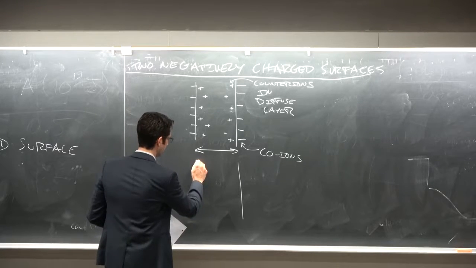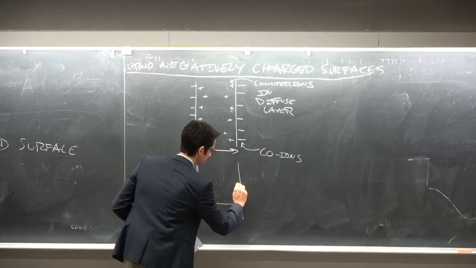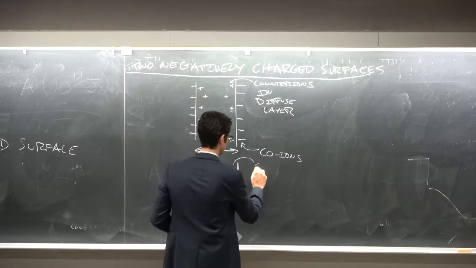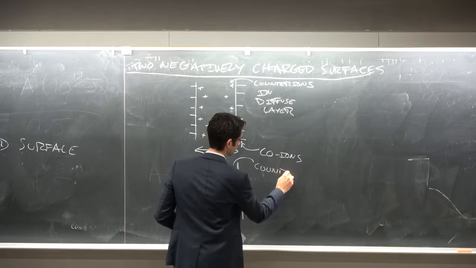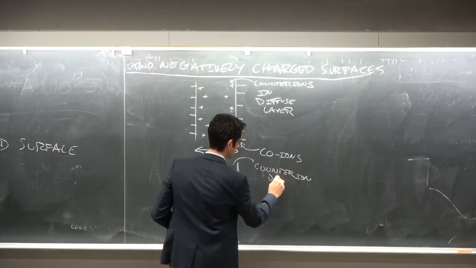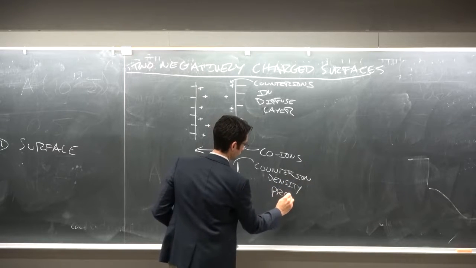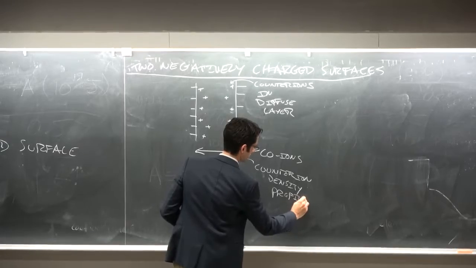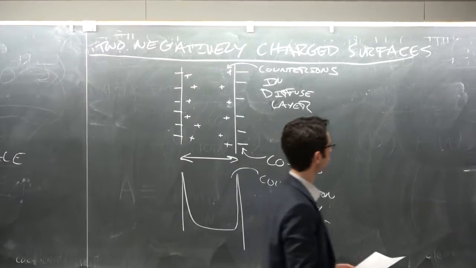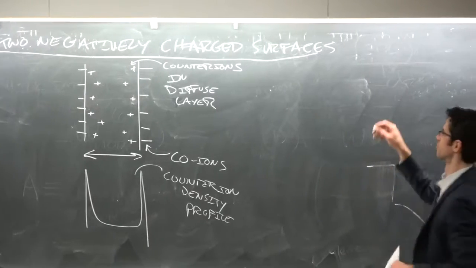What is the counterion density profile? Therefore, it looks something like this. Why do the counterions build up on the surface?